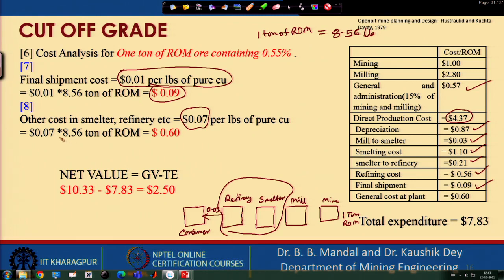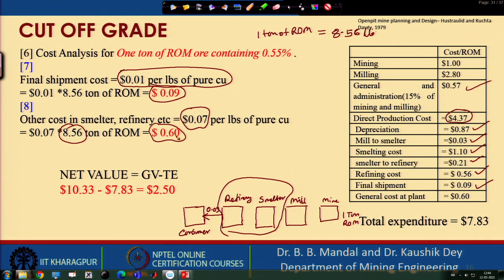So, with these assumptions, as our pure copper has come out, there is a total cost assumed as the other cost or general and administration cost in the refinery and smelter as $0.07 per pound of blister pure copper.